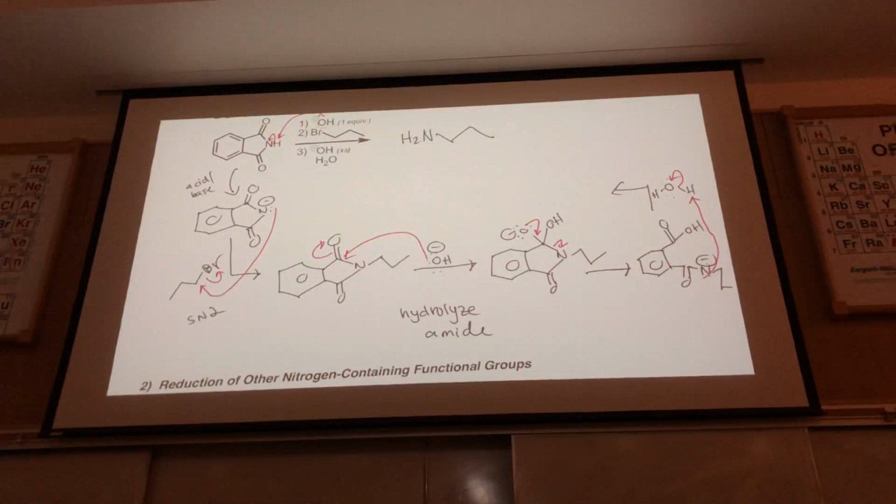Water's there to neutralize, and we get to our intermediate that's partially there. We got our carboxylic acid. We need to get to the diacid to be done, and our neutral amide on the bottom. And then it's just repeat.